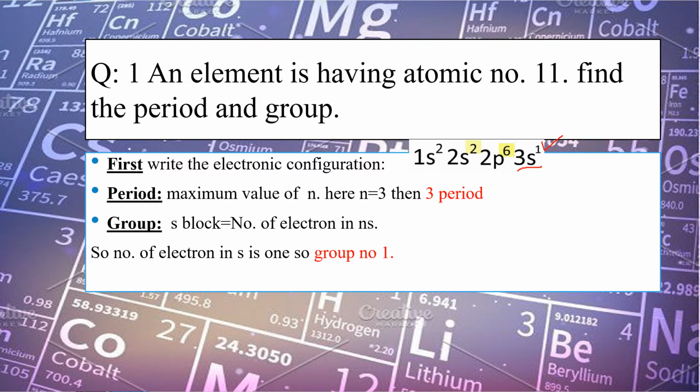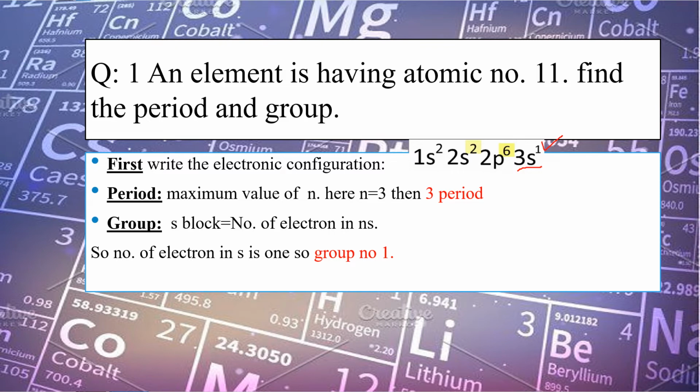Here the maximum value of n is 3, so it belongs to the 3rd period. As the last electron enters the 3s subshell, the outermost subshell, it belongs to the s block.